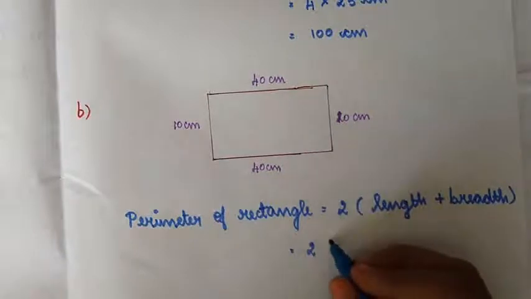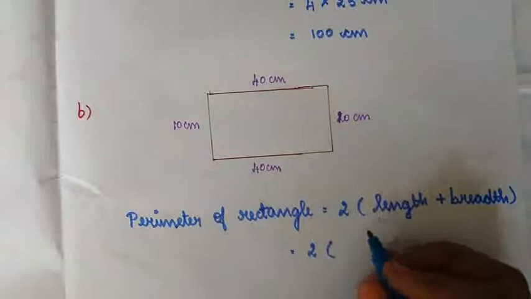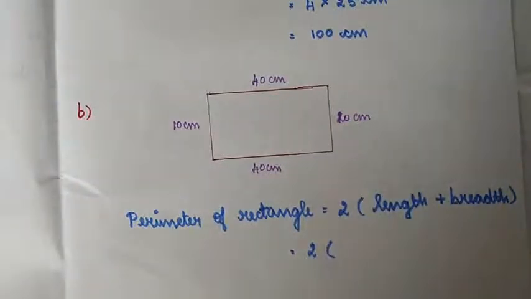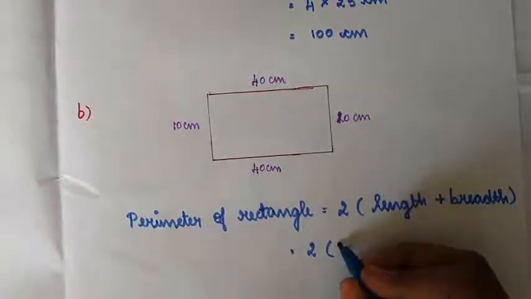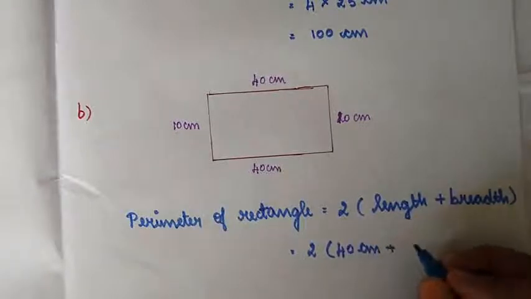So here 2. Here what is the length? Here length is 40 centimeter. Here breadth is 10 centimeter.